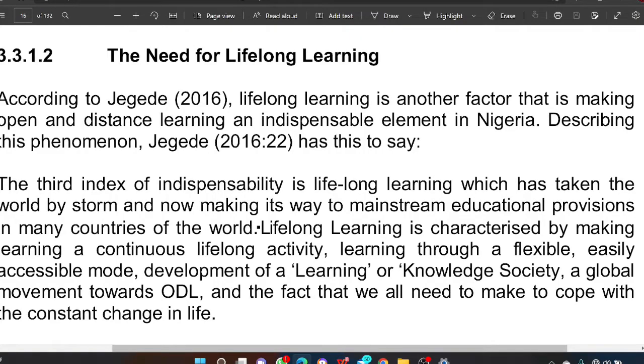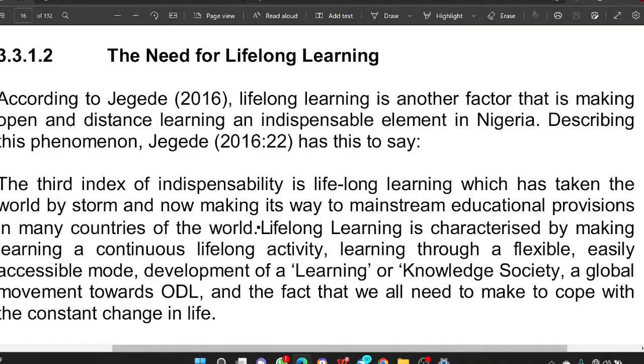Describing this phenomenon, Jegede has this to say: The third index of indispensability is lifelong learning, which has taken the world by storm and is now making its way to mainstream educational provisions in many countries of the world.